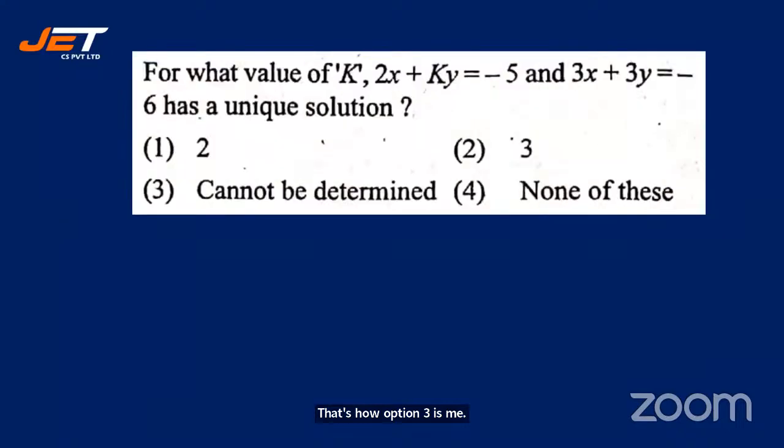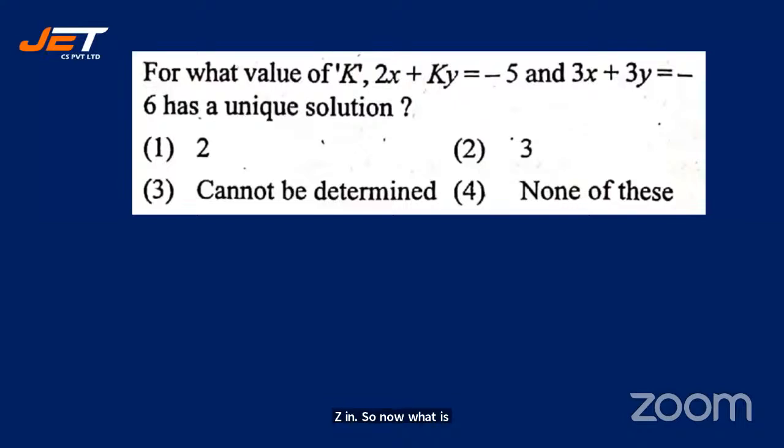For what values of k does 2x plus ky is equal to minus 5 and 3x plus 3y is equal to minus 6 have a unique solution? Is it 2, 3, cannot be determined, or none of these? If it has a unique solution, then A1 by A2 is not equal to B1 by B2. Now what is A1?